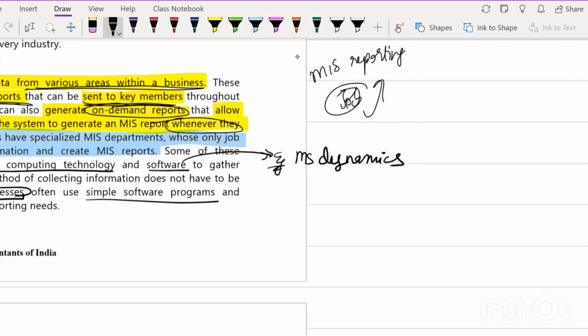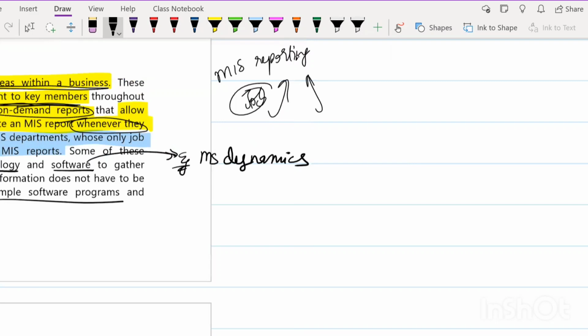People get employed just for collecting information and presenting it in the form of reports. Even people who have completed CS go into this field, and I think the starting salary would be around 7 to 8 lakhs per annum.